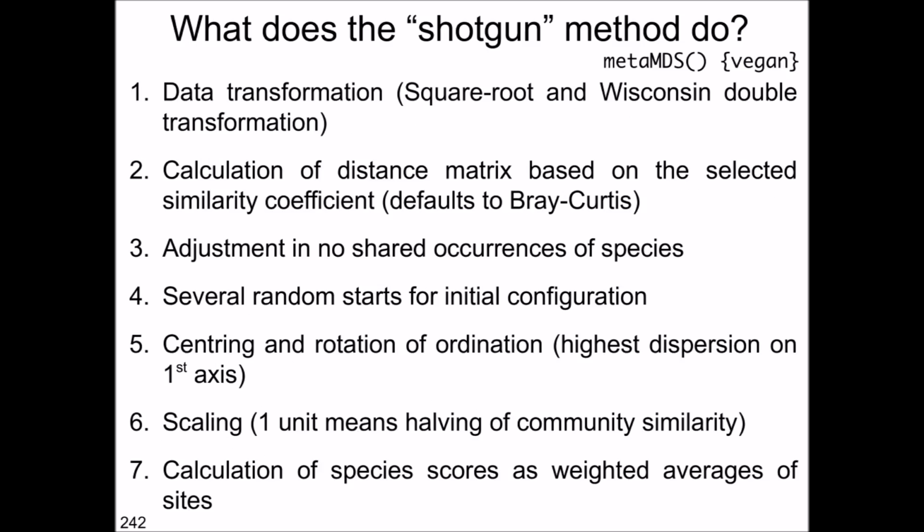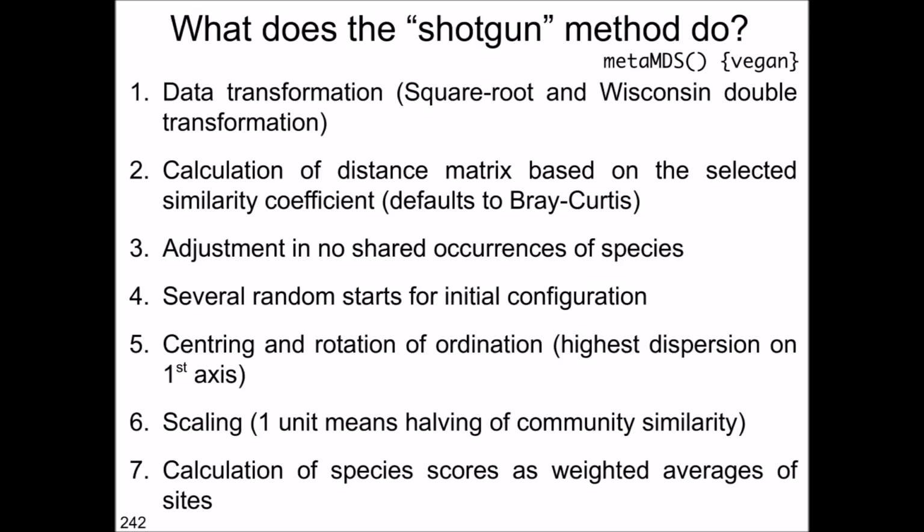Since metaMDS is often used, let's quickly discuss what this shotgun method does. First of all, it checks whether the data should be transformed, so either a square root or Wisconsin double transformation is applied to the data. Have a look at the help file of metaMDS to see how this is decided. Then the distance matrix is calculated based on the selected similarity coefficient.